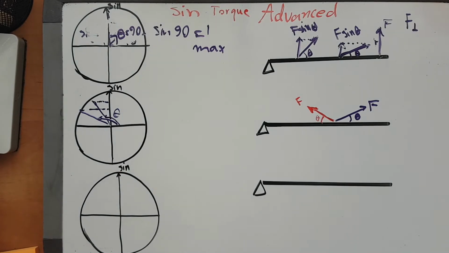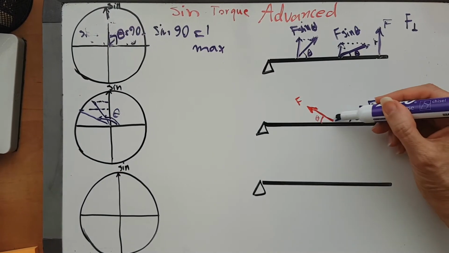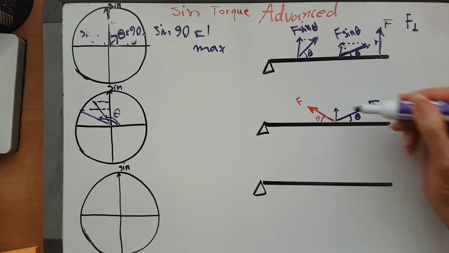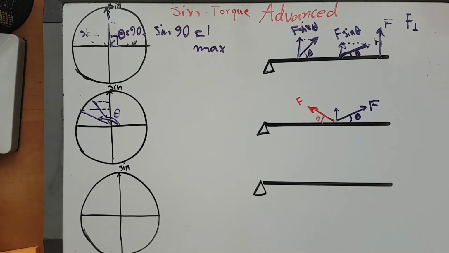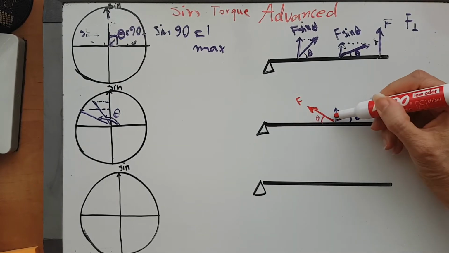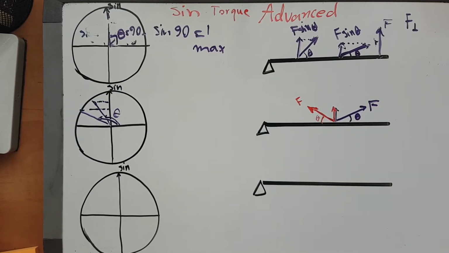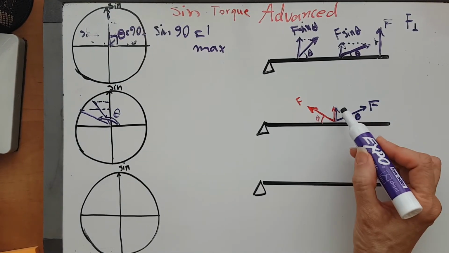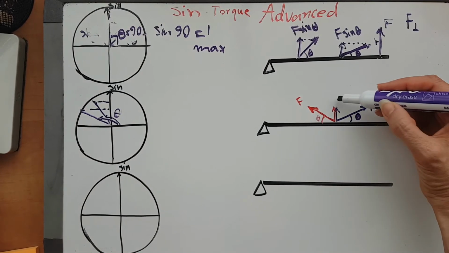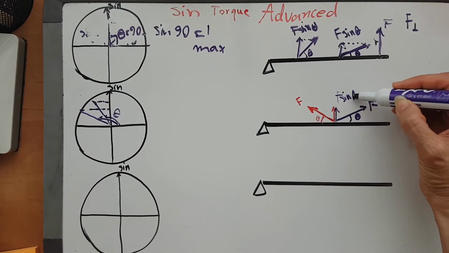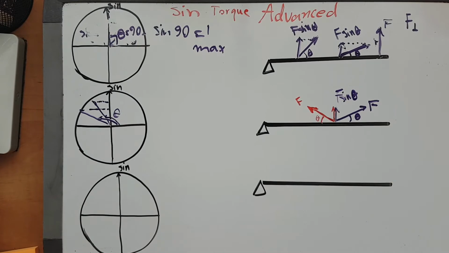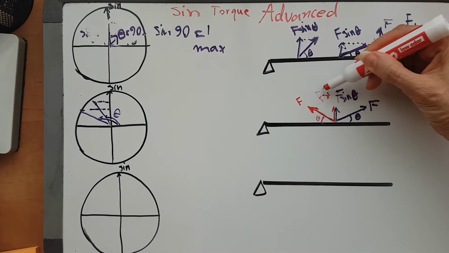As you can see here, the Fy in the purple situation and in the red situation, which is causing the torque, is equal. F sine theta in both situations is the same.